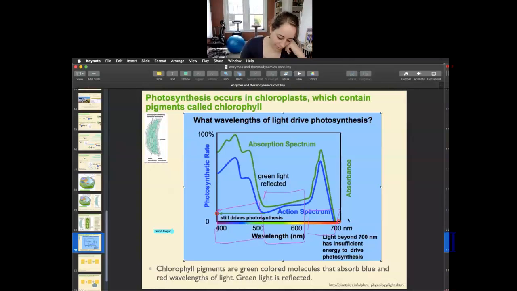The other thing that I wanted to mention is this peak here. Sometimes plants will also reflect some red light, depending on the type of plant, depending on the type of leaf. That's why sometimes, so I have a lot of succulents, and they sometimes are different colors. Let me just pull one over for a second.